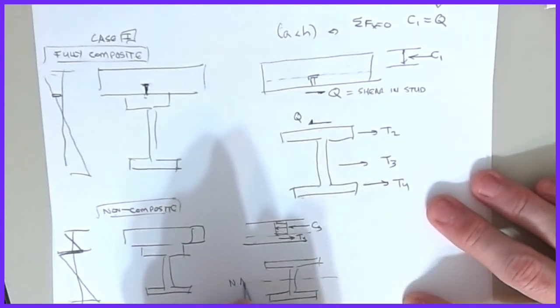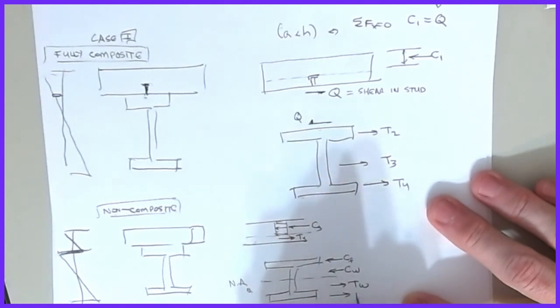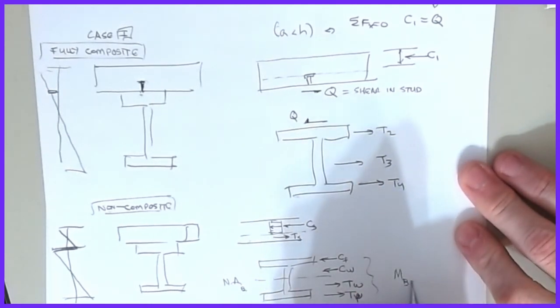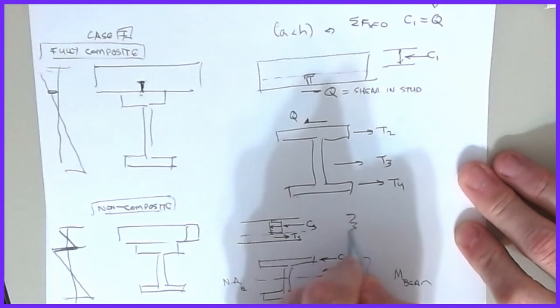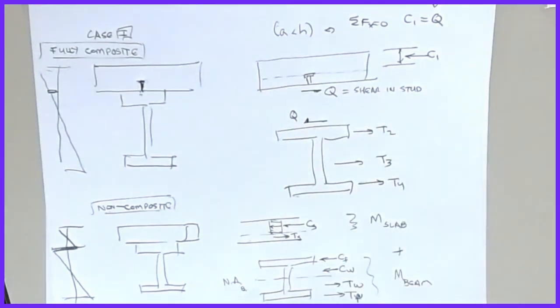So this is the neutral axis of the beam, that you would end up with a C in the flange, a C in the web, a tension in the web, and a tension in the flange. Okay, and then you would turn all that in to find the moment capacity of the beam. And you do all of this, and you find the moment capacity of the slab. And all I'm going to do is add those two guys together.